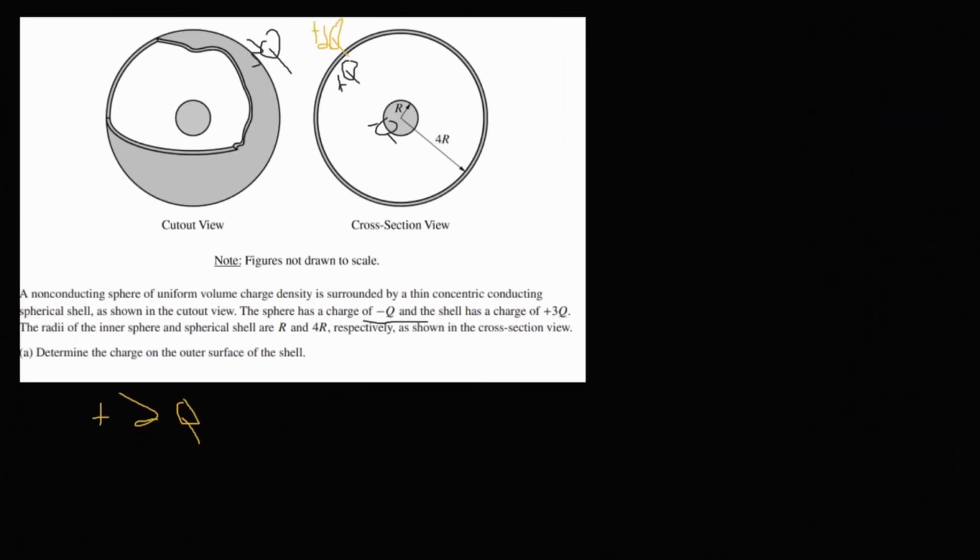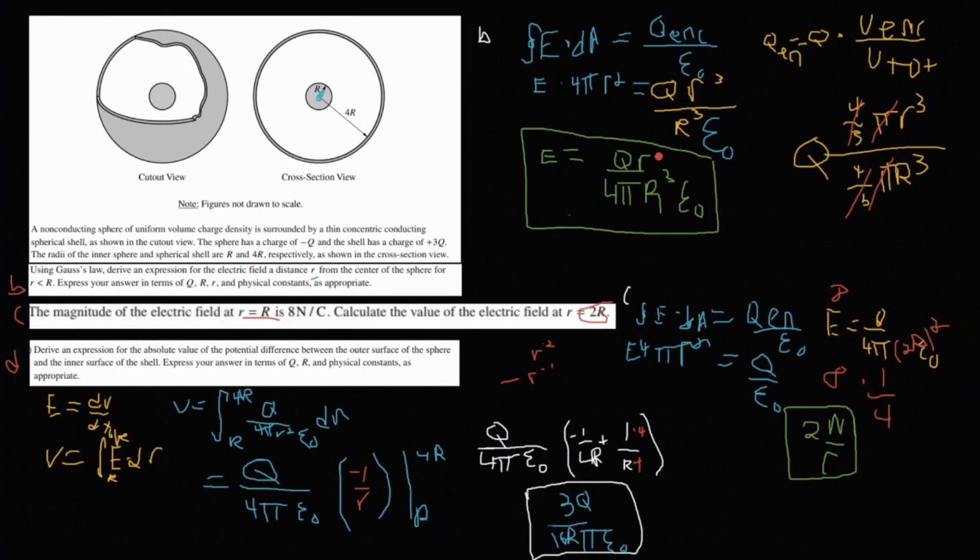So, let's see. We're going to find the electric field as a function of r. So, as the radius increases here, it's going to get closer and closer to 0 asymptotically.